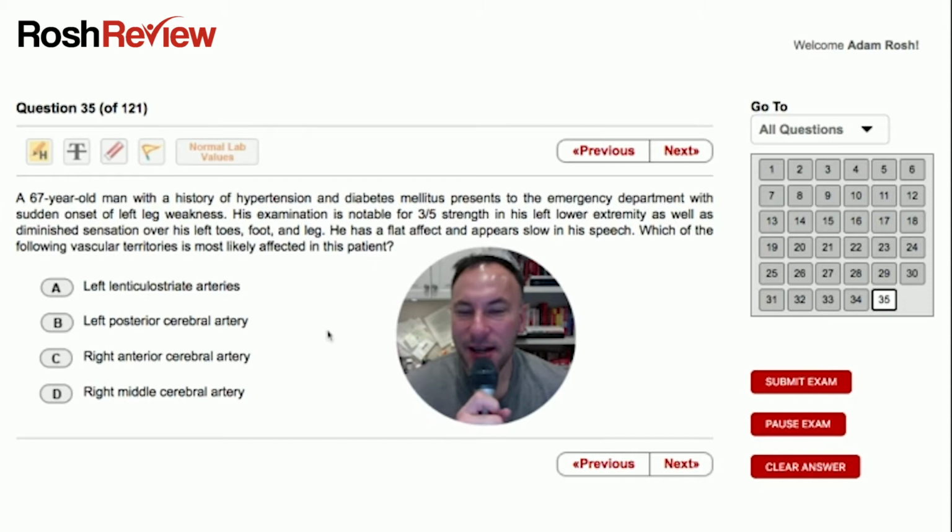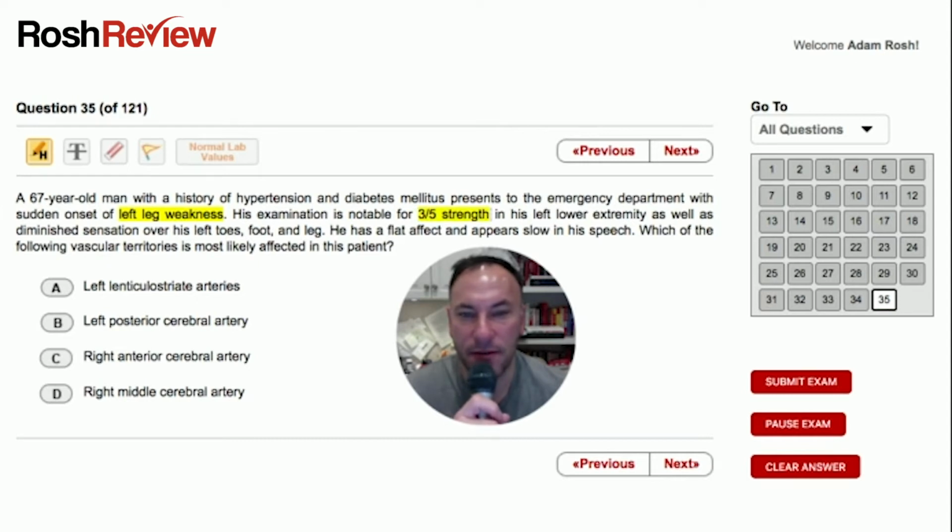Some key pieces of information here is this patient clearly is set up for a stroke. He has hypertension, diabetes, and he has sudden onset of left leg weakness. So we're told right away that the patient's motor symptoms are on the left side. He also has diminished strength here.